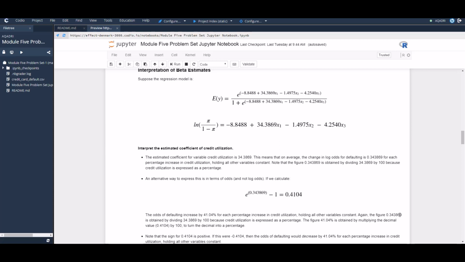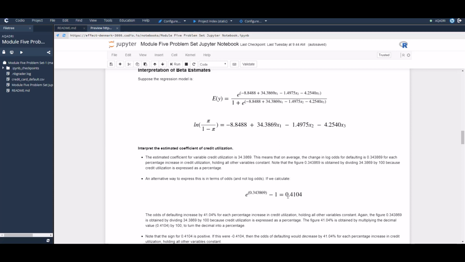And again, this figure is obtained by dividing 34.38 by 100 because credit utilization is expressed as percentage. And this is obtained by multiplying the decimal value 0.4104 by 100 to turn the decimal into a percentage. So 0.4104 is essentially 41.04%. Then note that the sign for this is positive.